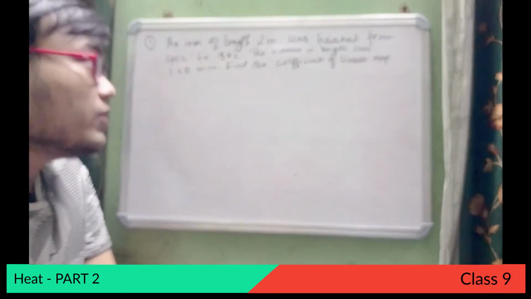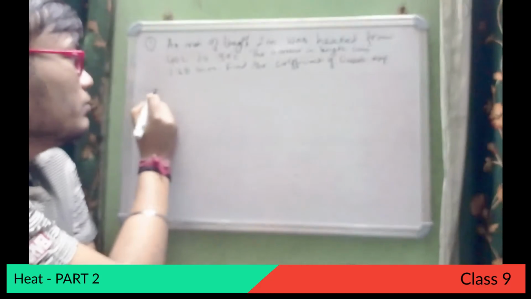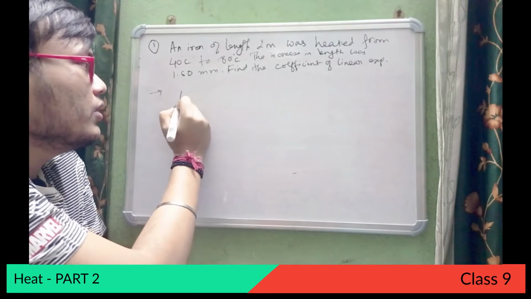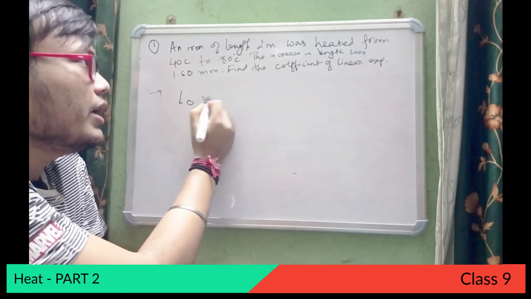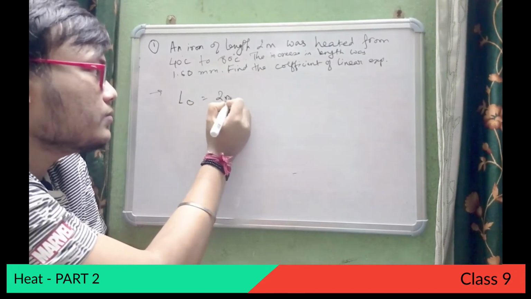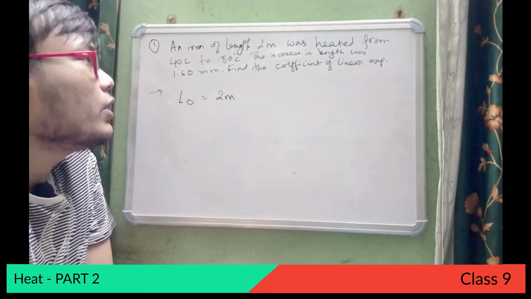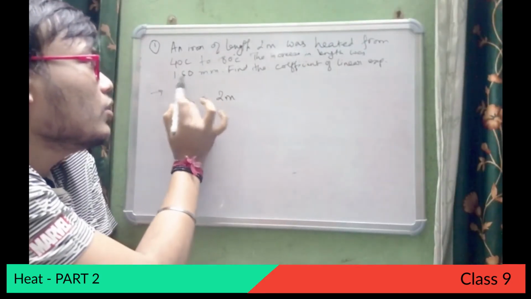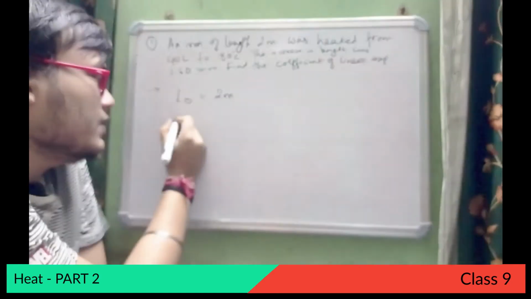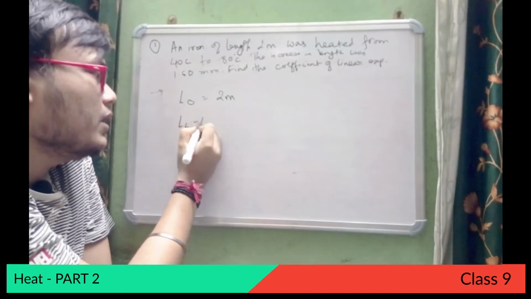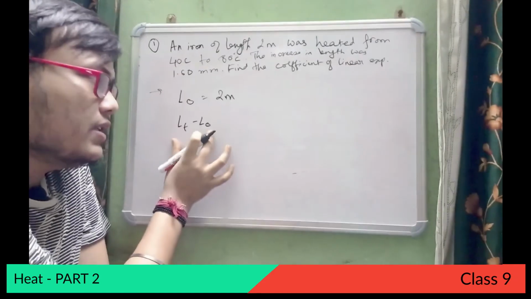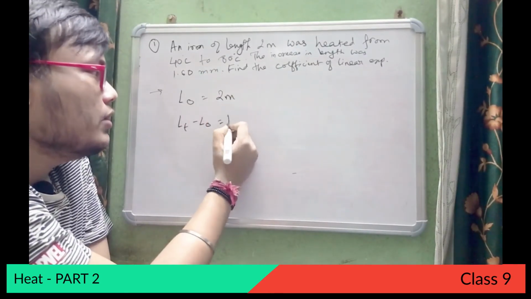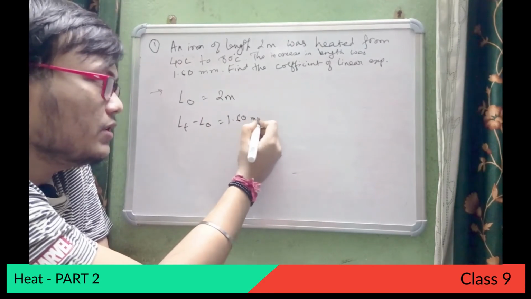What are the things which are given in the problem? The iron rod of length 2 meters is the initial length, so L0 equals 2 meters. The increase in length, which is LT minus L0, final minus initial, is 1.60 millimeters.